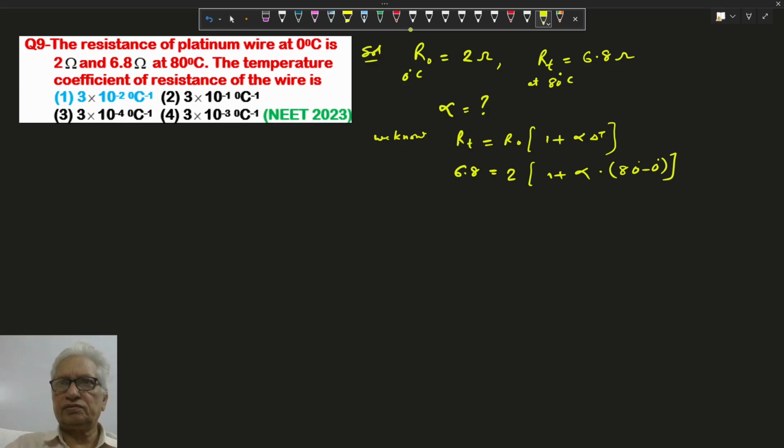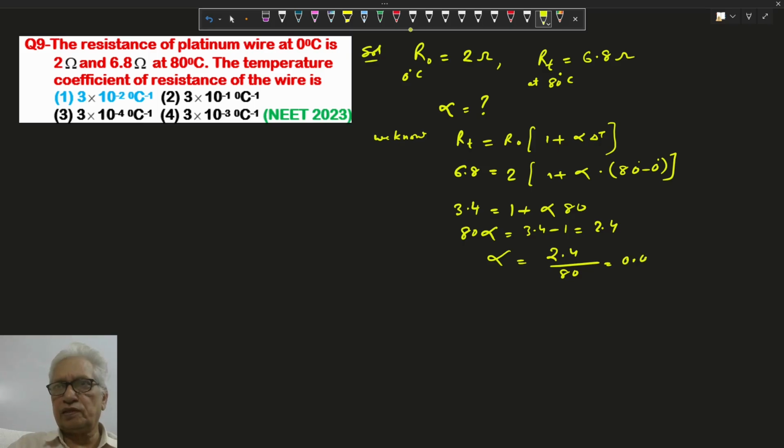So dividing, it becomes 3.4 equals 1 plus alpha into 80. Alpha, moving across, 3.4 minus 1, that is 2.4, so alpha will become 2.4 divided by 80, which is 0.03 per degree.